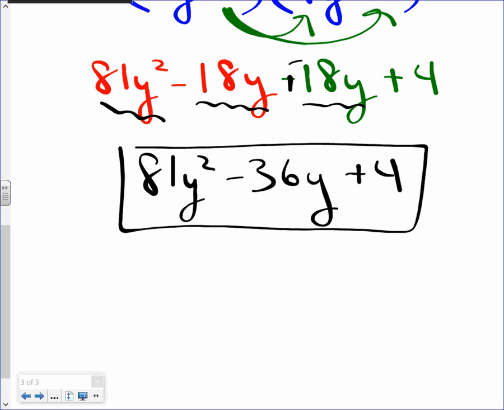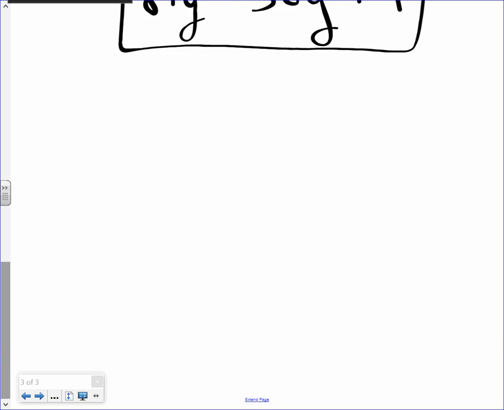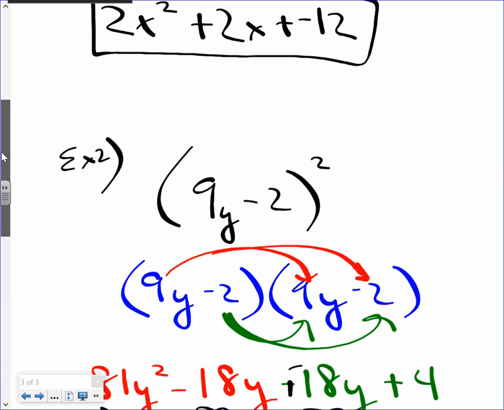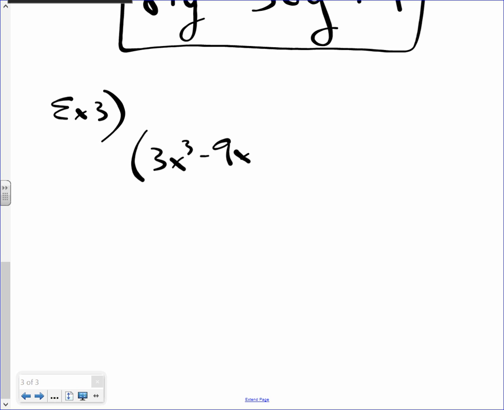Two more examples. Shift into third gear now. Third gear. Example 3. Third gear says 3x to the third minus 9x plus 7.